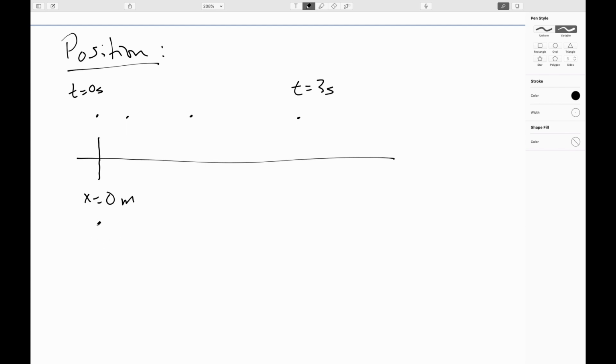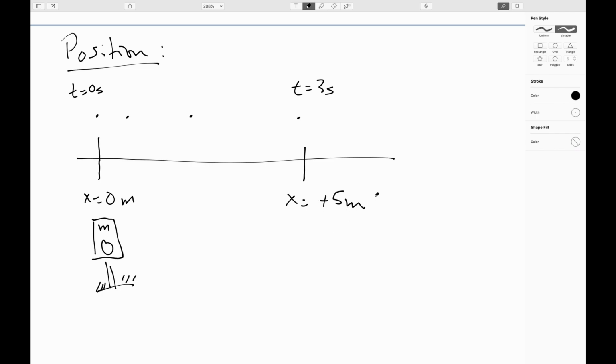Now, effectively what we have done is we have literally put a meter marker, if you will, right there. So this is just like it was the state line. Now, at t equals 3 seconds, we can say the object was located at x equals plus 5 meters.